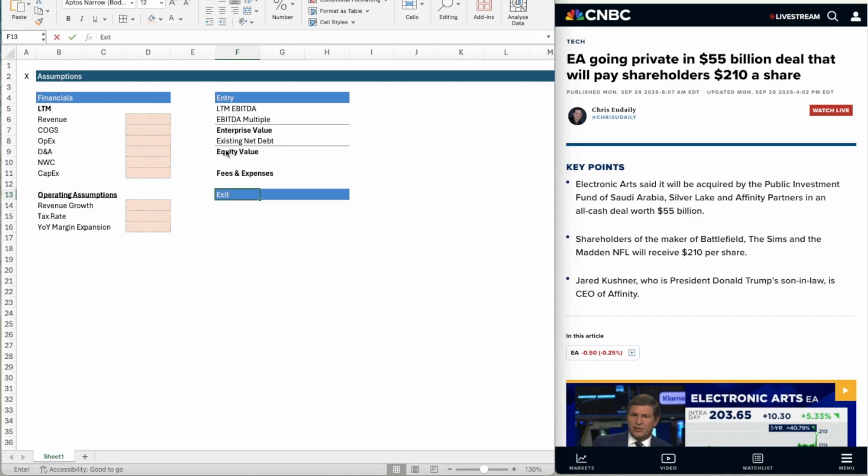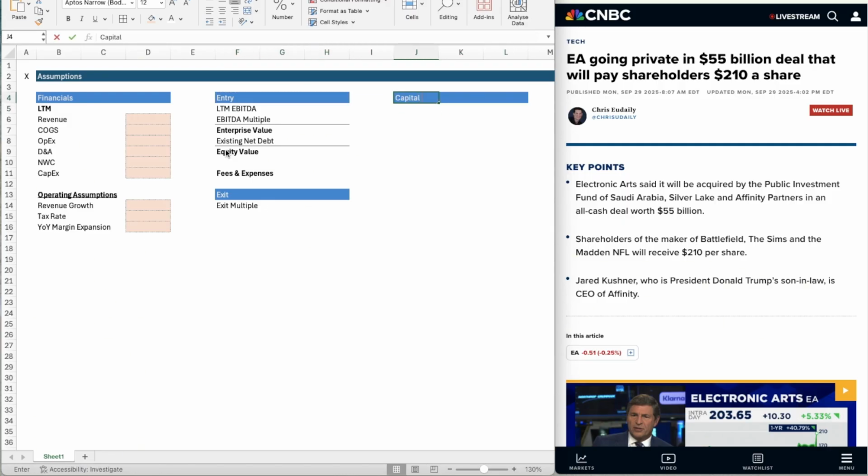And call this one exit down here. And this is going to be the exit multiple. Okay, then on the next bit, let's just do another one here.